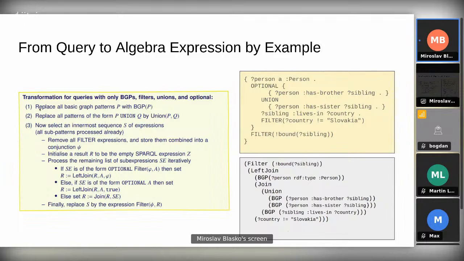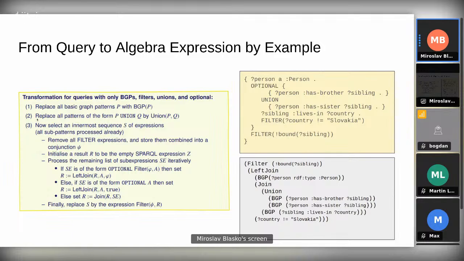First, you replace all basic graph patterns with BGP. So here you can see person is a person, here is this BGP. Then here you can see person has brother sibling, here is BGP, person has brother sibling.